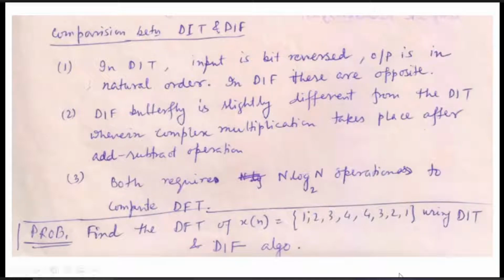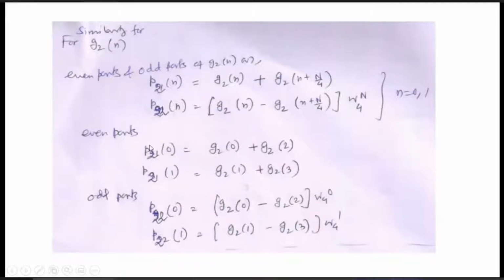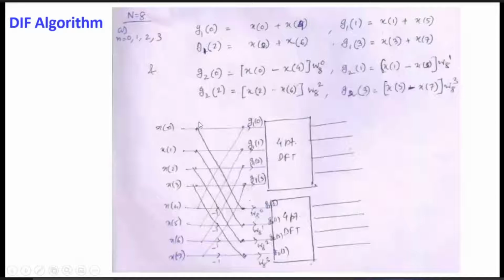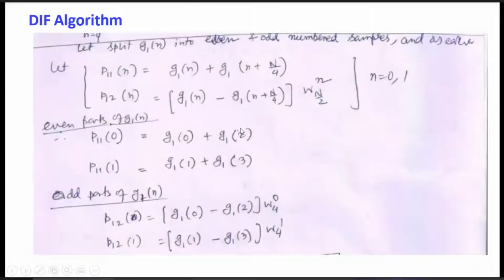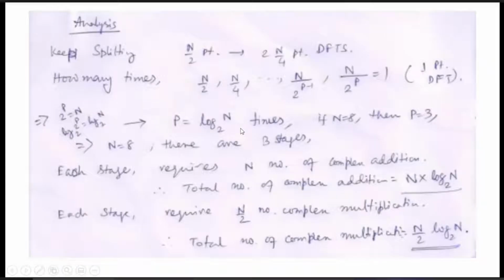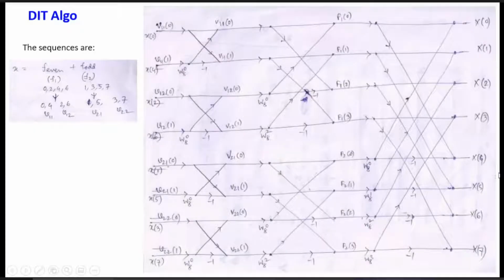So this is the input sequence xn: 1, 2, 3, 4, 4, 3, 2, 1. It is not that you will do all the mathematical calculations. You just have to draw this diagram. This diagram only. This is the diagram for DIF, and you have to calculate these values x0, x1, x2, x3, x4, x5, x6, x7 using this diagram.